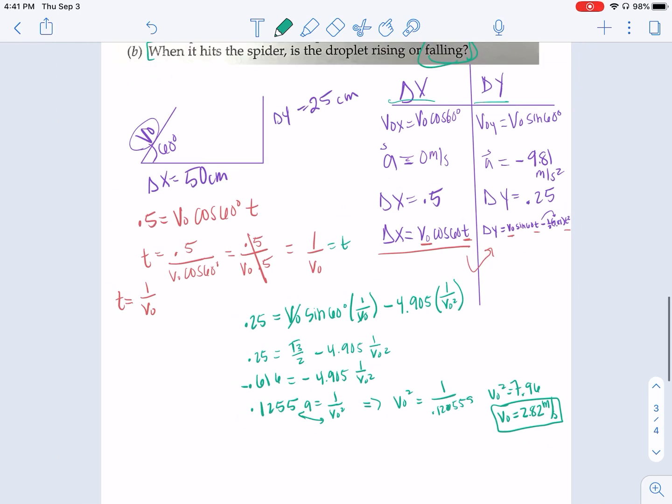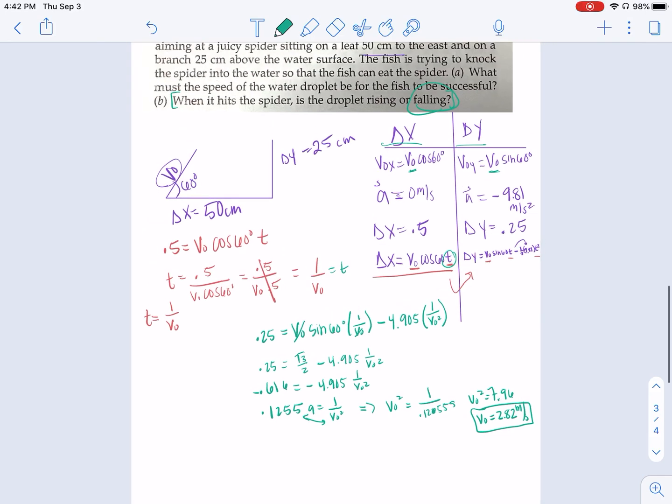So often we have enough information in the delta y to actually solve for time, but here we didn't know anything about velocity, and so we needed either the velocity or the time to fully solve the delta y category. So we had to use the delta x and use that system because we knew that v naught and time were the same exact value in both the delta x and the delta y category.